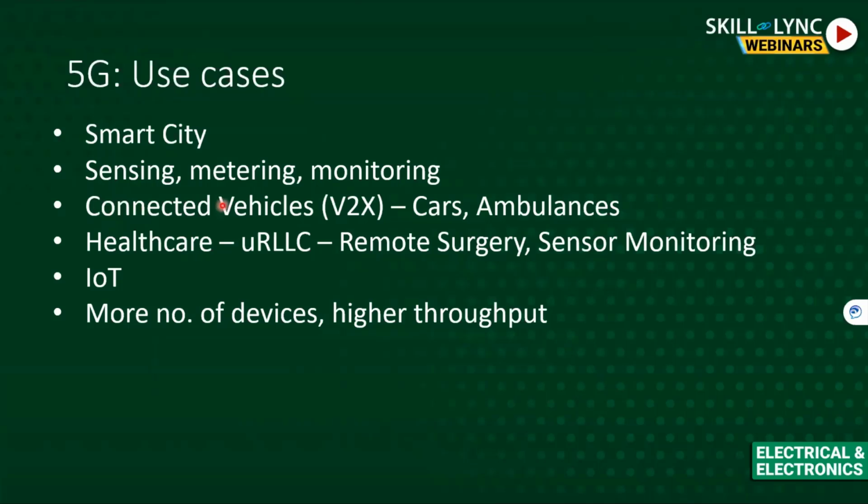And then we talk about connected vehicles, the cars, ambulances, which is very important, right? If anything happens, the ambulances should immediately receive a notification of the coordinates, and then they should reach there.